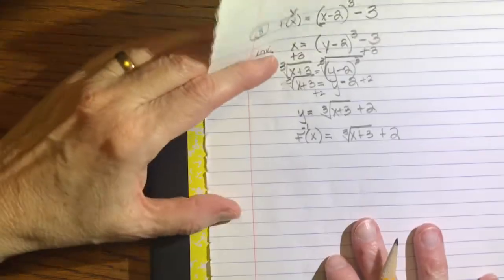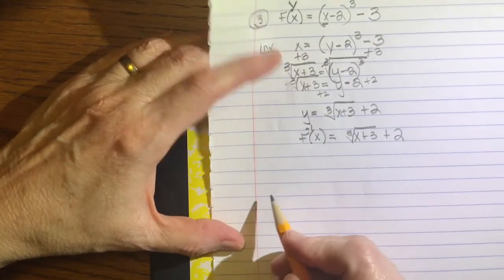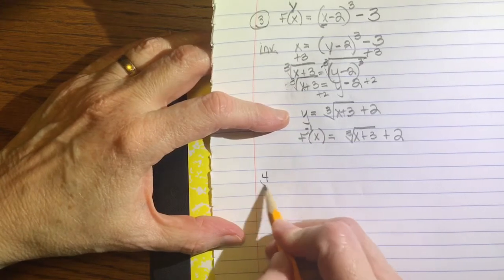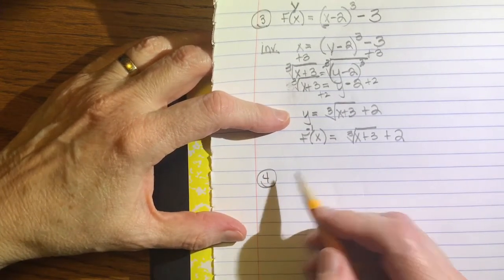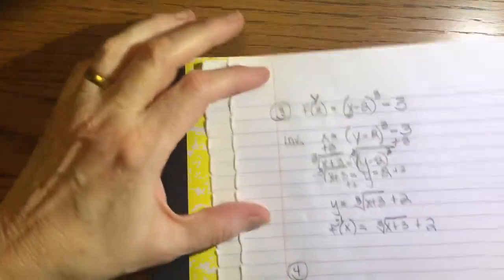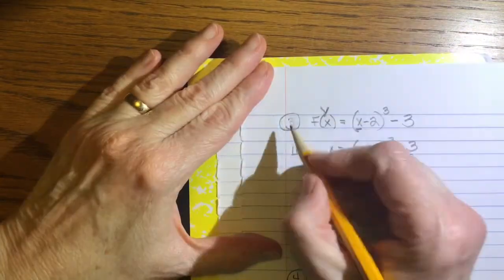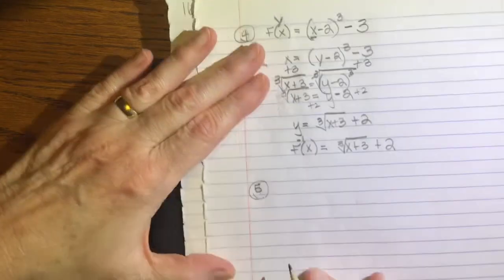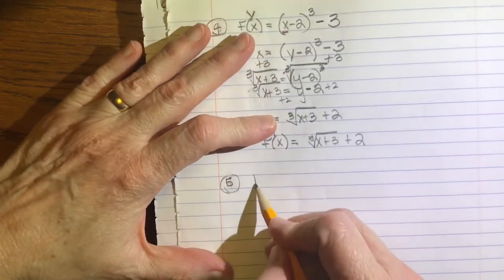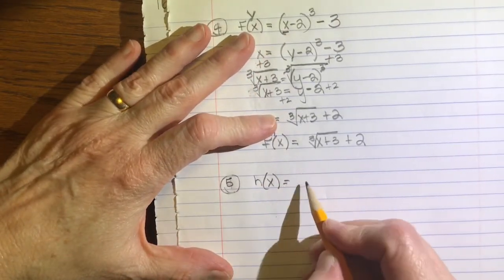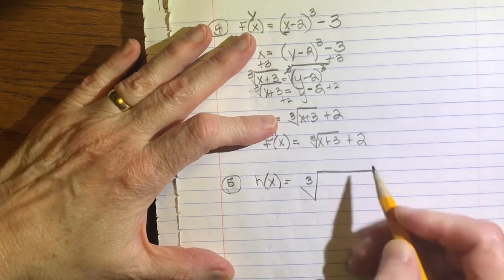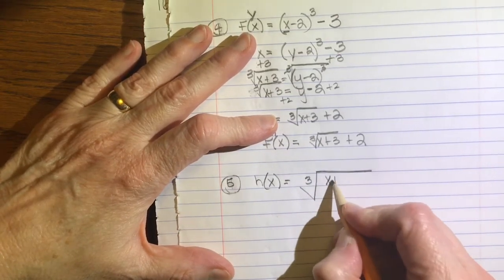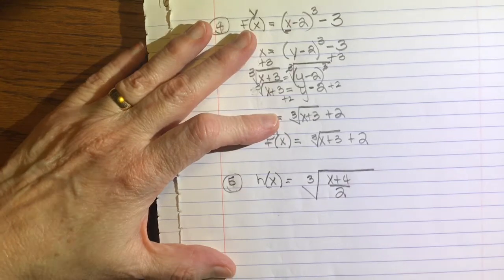Okay, one more. Oh, actually, this was number 4, and this was number 5. I was thinking I had 5 examples. I have h of x is equal to the cube root, now look at this, of x plus 4 over 2.